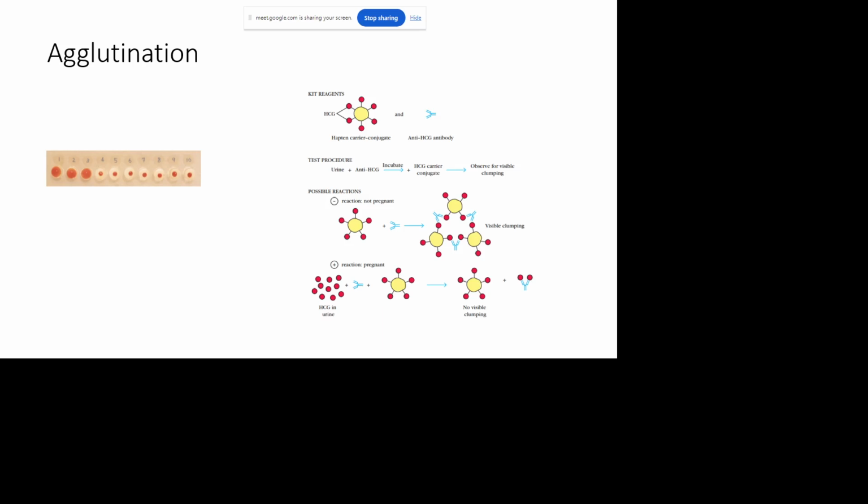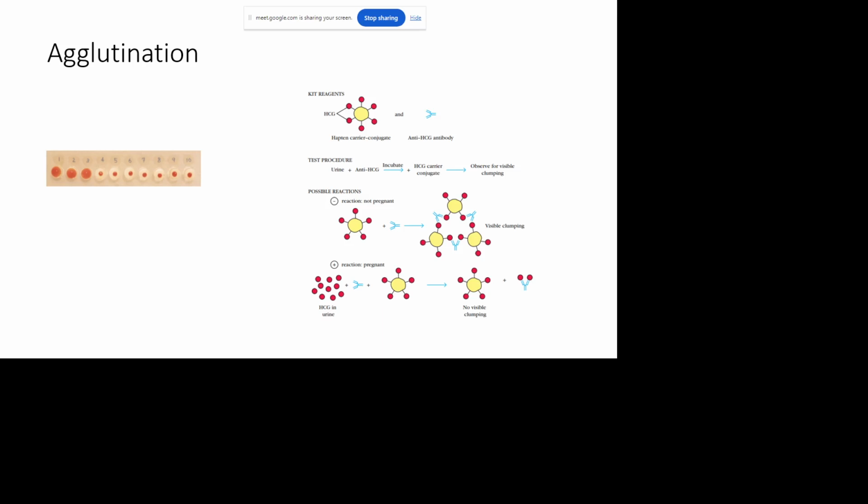So initially the pregnancy test kit contained two things. One is the hapten carrier conjugate. So first of all, if a woman is pregnant, then her urine should contain the HCG hormone, right? But if the woman is not pregnant, then the urine will not contain the HCG hormone, right?